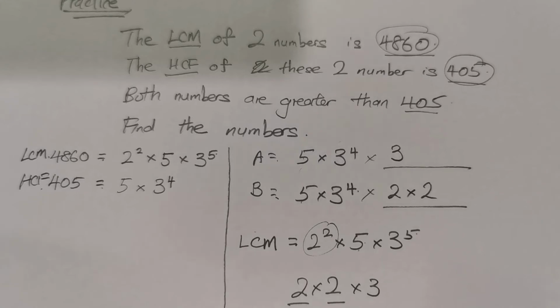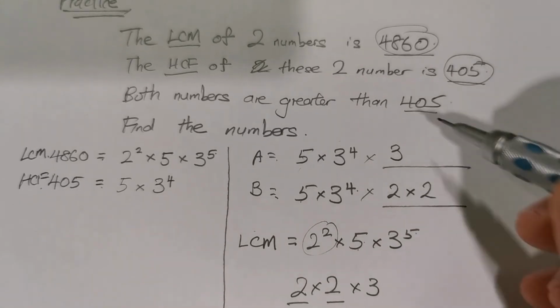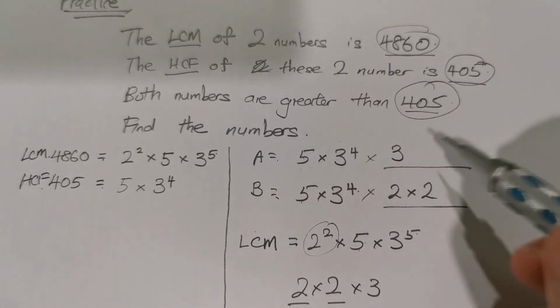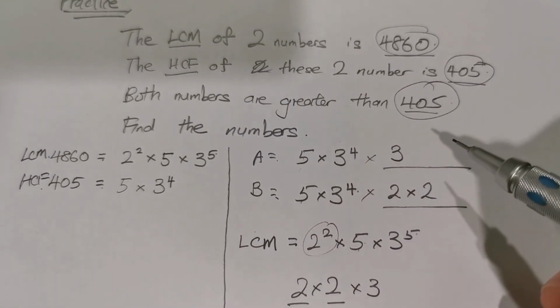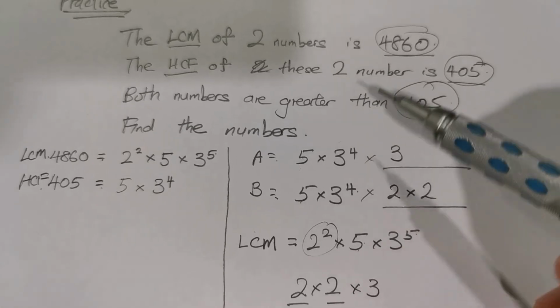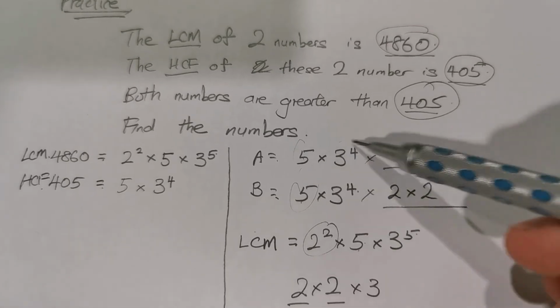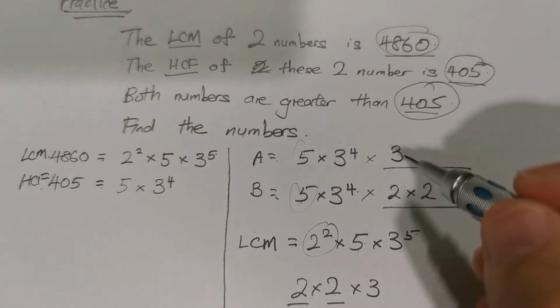So both numbers are greater than 405. So this is a bit of trial and error. Both numbers must be greater than 405. So let's check. Sorry, the HCF. You circle the 5. You circle this. There's nothing in common here. So this is the answer.